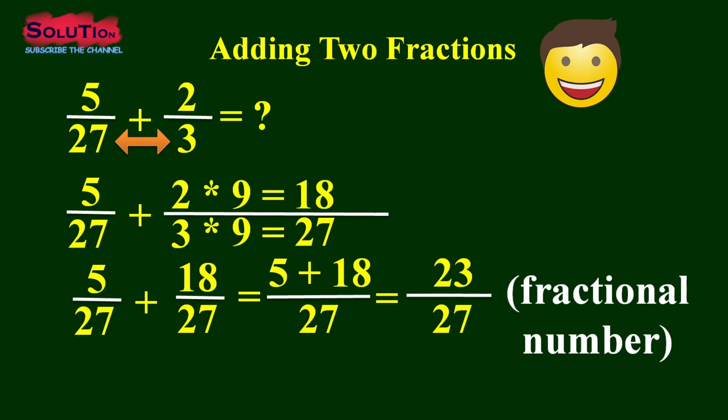So this is how you can add the numbers. If you can make the denominator same, then it will be easy for us to add or subtract or do any algebraic equation. To solve any equation, it is easy for us. So in case of fractions, all you need to do is to make the denominator same, and then it will be easy for us to add.